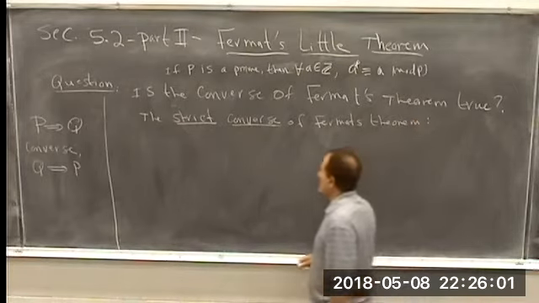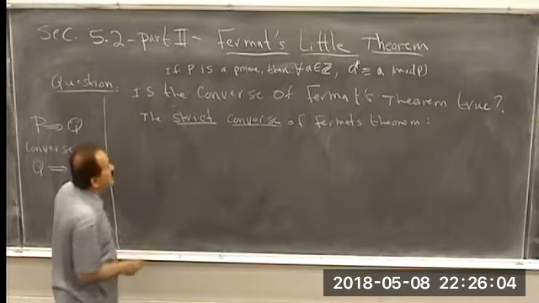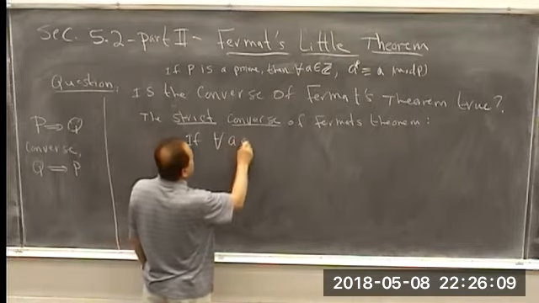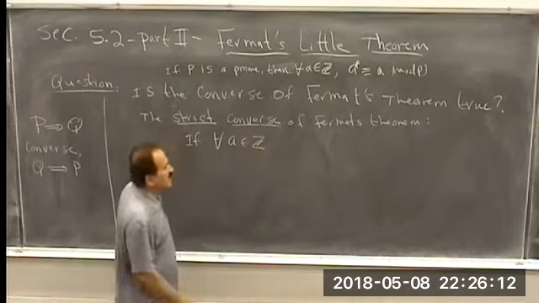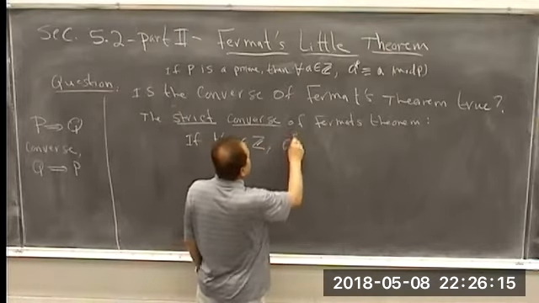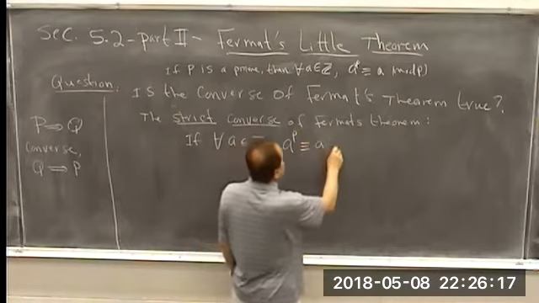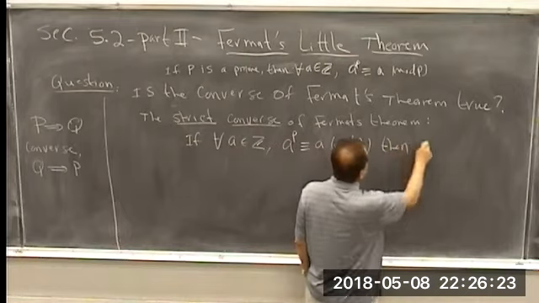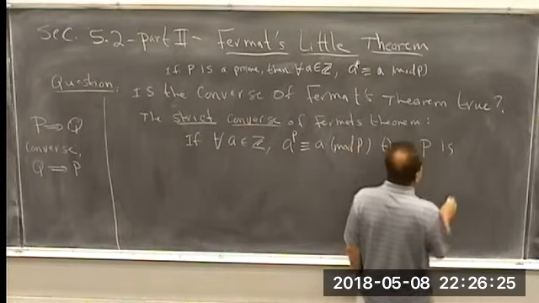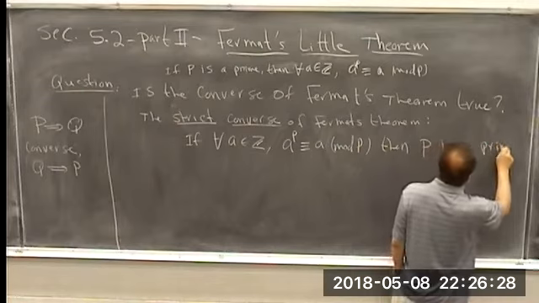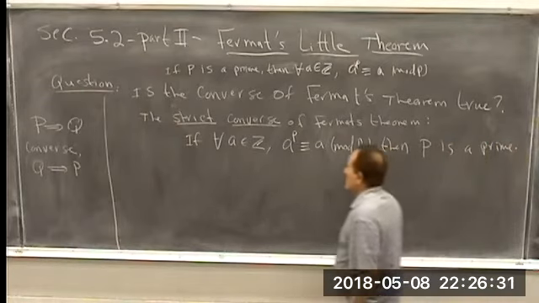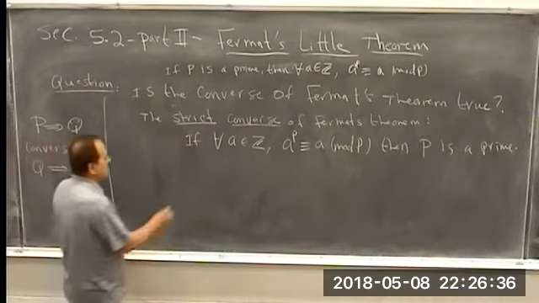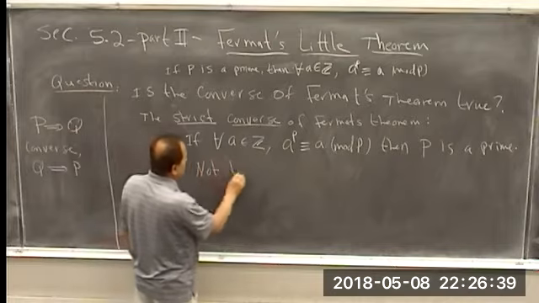It's going to be: if for every A in Z, A to the power B is equivalent to A mod B, then B is a prime. All right? It turns out this statement is not true. So this is not true.